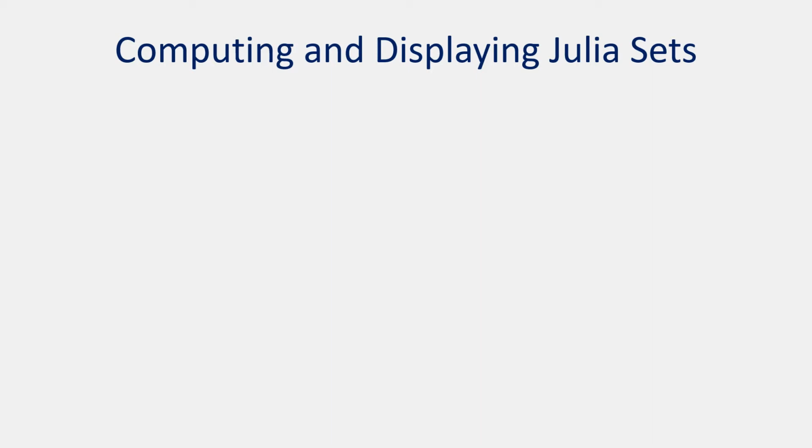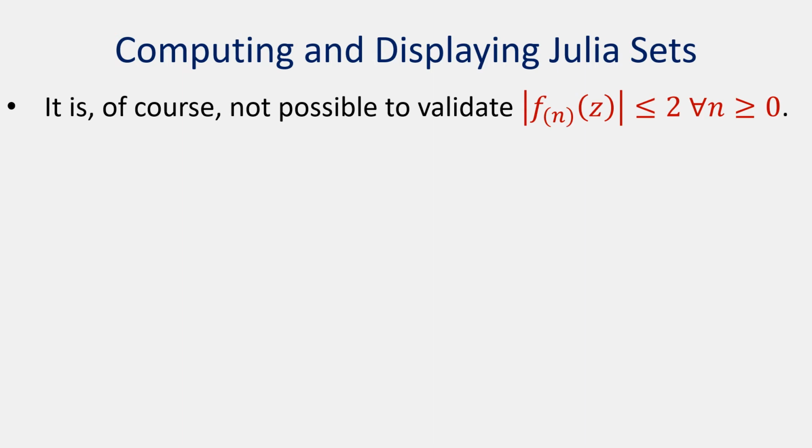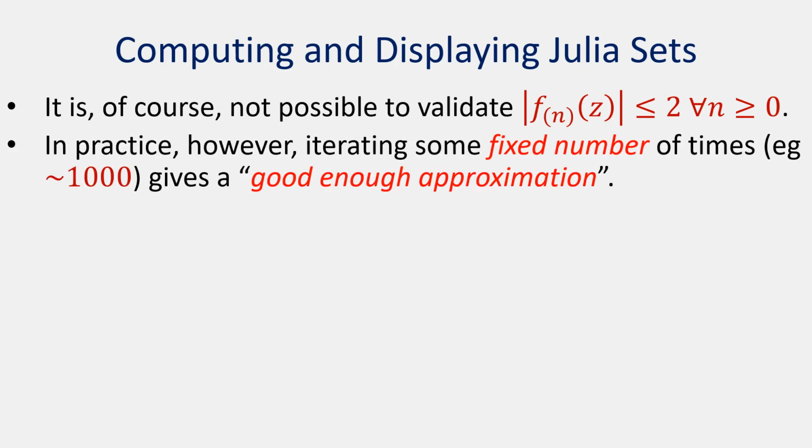Now, there's an obvious problem with computing and displaying Julia sets. It's quite clear that since this object is defined with respect to behavior as we iterate infinitely often, we can't actually validate whether a given point is inside the Julia set or outside. We would have to iterate the function infinitely often.